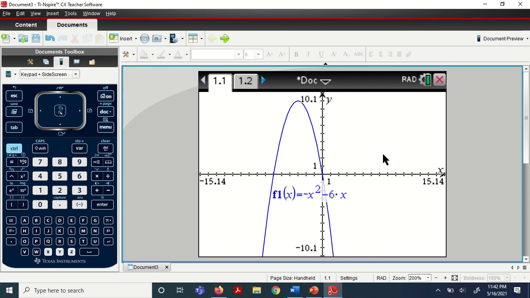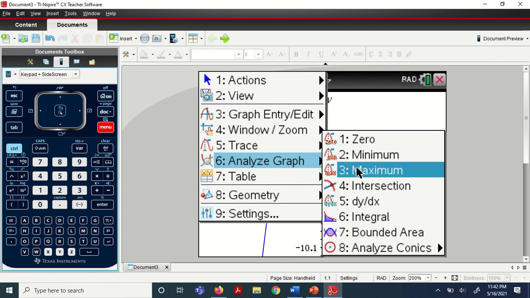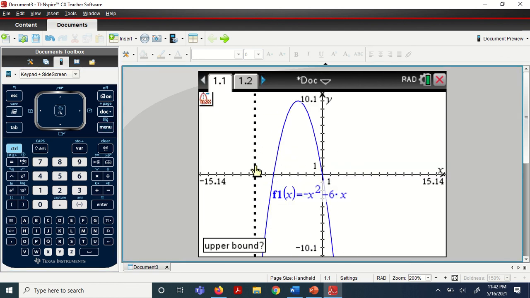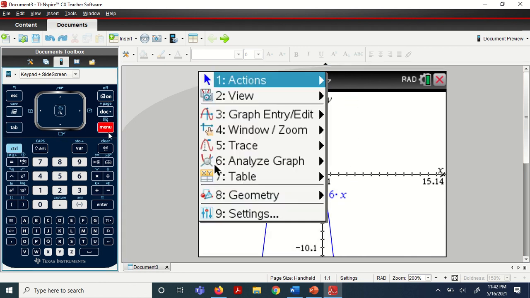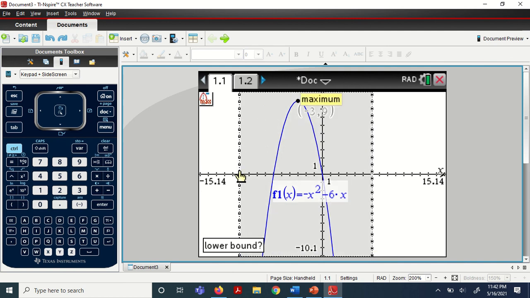And then once we're here, now we want to find that maximum value. So menu, analyze graph, maximum, and then you're going to move over to the left, click, and drag to the right. By the way, it also works if you go the other direction. If you start on the right and move over to the left, it doesn't matter.